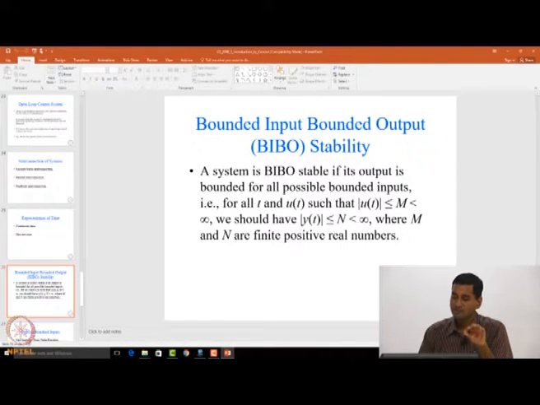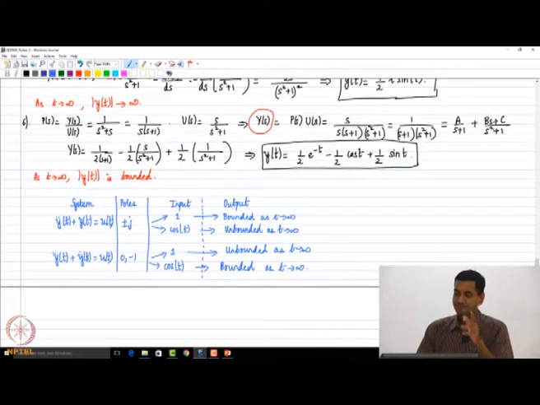That is for all time t and u of t such that the magnitude of u of t is less than or equal to a finite positive number M, we should have the magnitude of y of t less than or equal to a finite positive number N. So that is the definition of BIBO stability. Now, if we apply this definition to these two examples, we should brand them as unstable, isn't it?